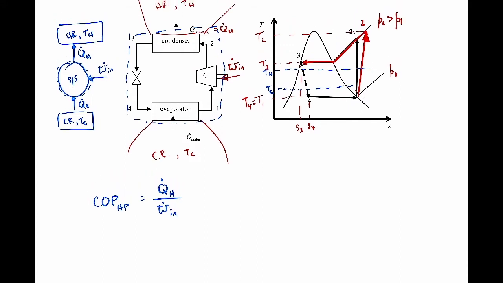The maximum coefficient of performance that we could get out of our heat pump is given by the following. So let me write that down over here. COP heat pump max. The COP that we would get for a reversible Carnot cycle.